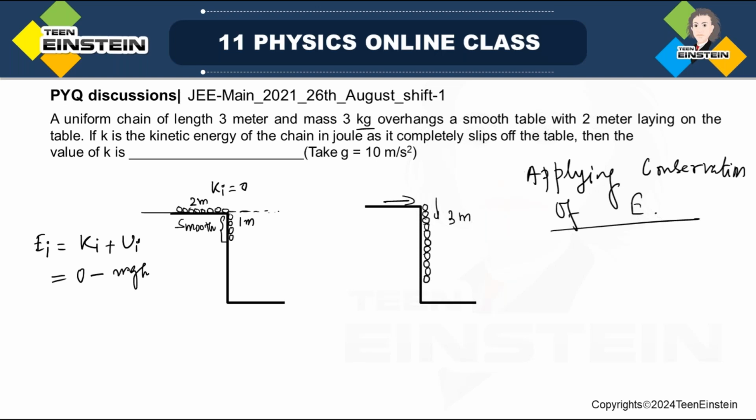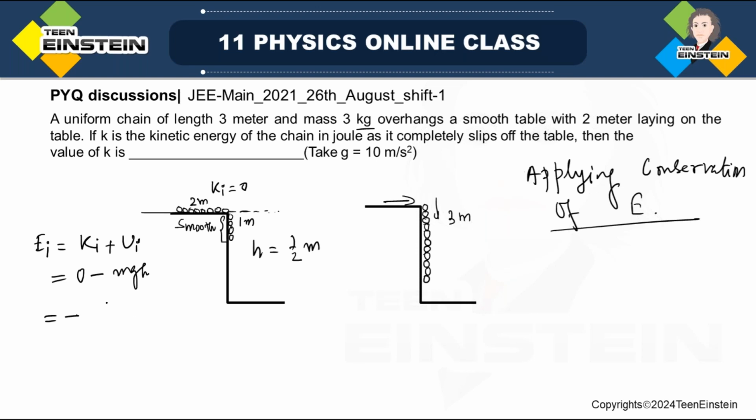But for m, you should take the mass of this 1 meter length alone. That mass will be situated at the center of mass, so this h you have to take as half meter, because it is symmetric. I'm taking the center of mass at the middle point. g as it is.